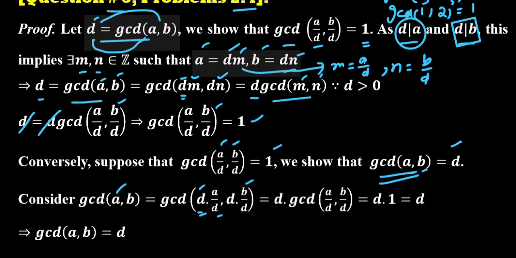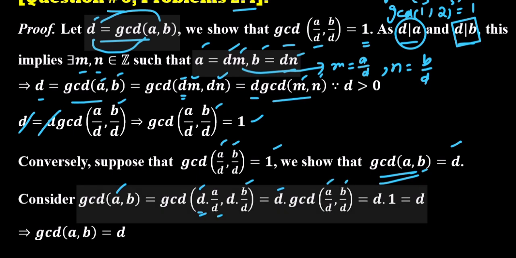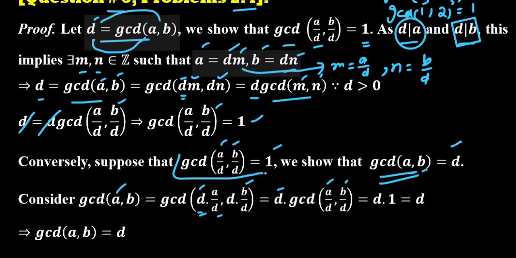This becomes D into GCD of A over D and B over D. But as GCD of A over D and B over D is equal to 1, replacing this with 1, this becomes D into 1, and D into 1 is equal to D, which is required to prove.